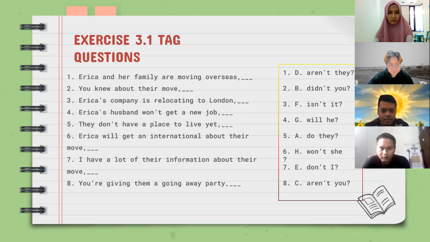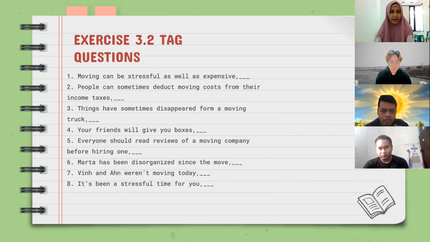Won't she? Number 7, I have a lot of their information about their move, don't I? Number 8, you're giving them a going away party, aren't you? Thank you. Okay, this is exercise 3.1 answered by group 1, and now exercise 3.2.